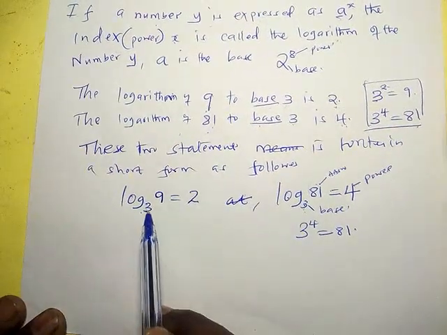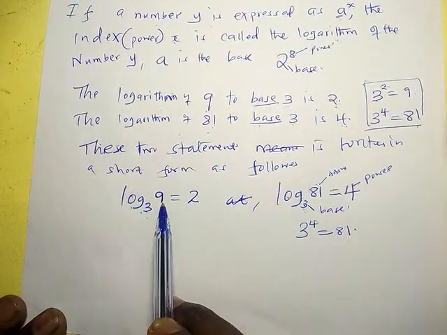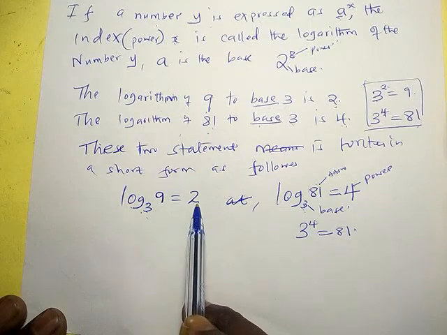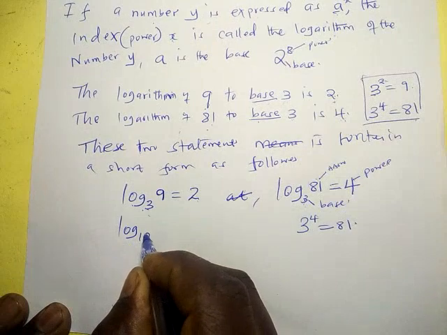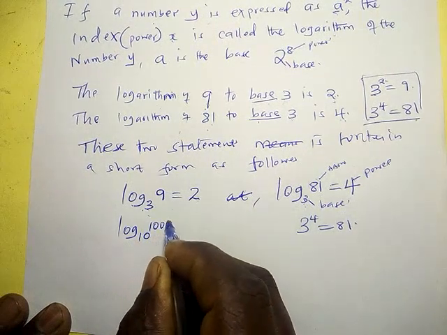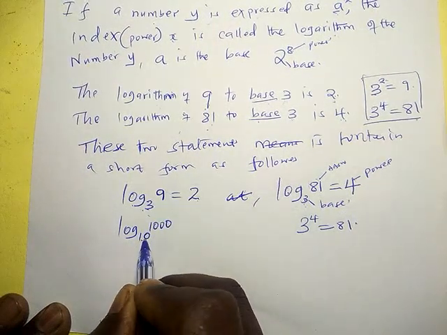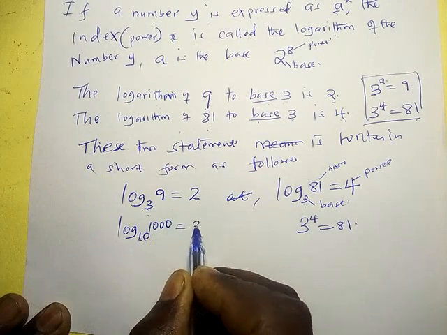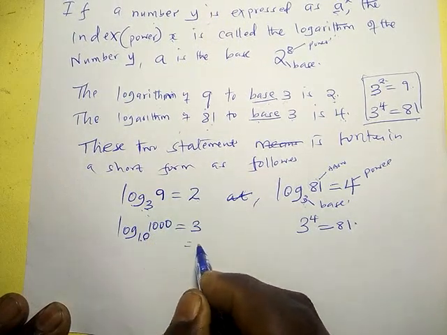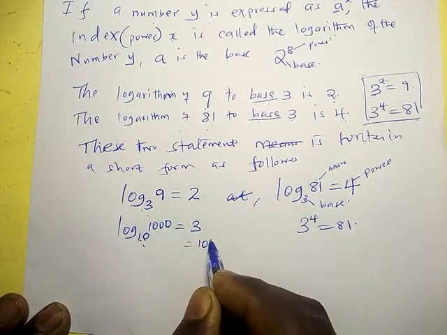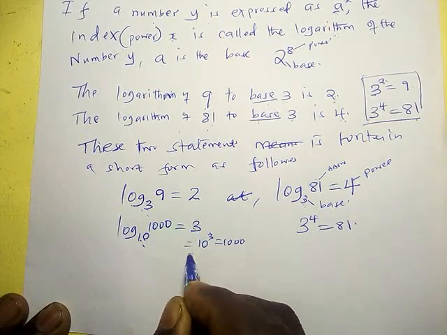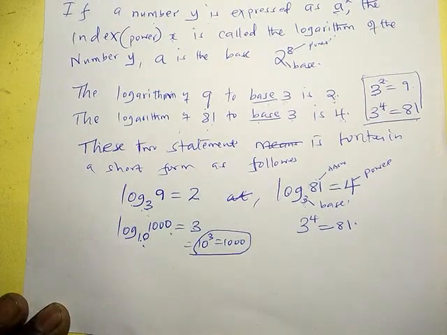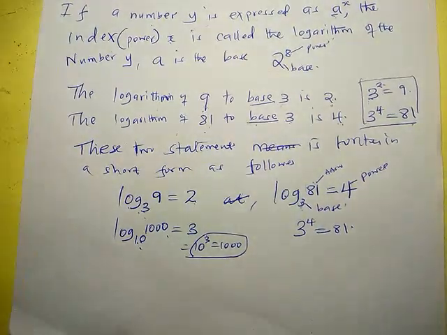Now log of base 3 of 9, the answer is 2. Now I can say log of base 10 of 1000. Log, when the base is 10, of 1000, the answer is 3. What does it mean? It means that 10, the base, raised to power 3, the answer is 1000. So this one means this.